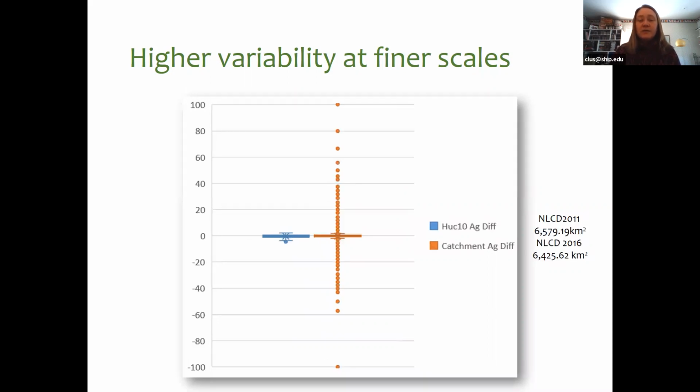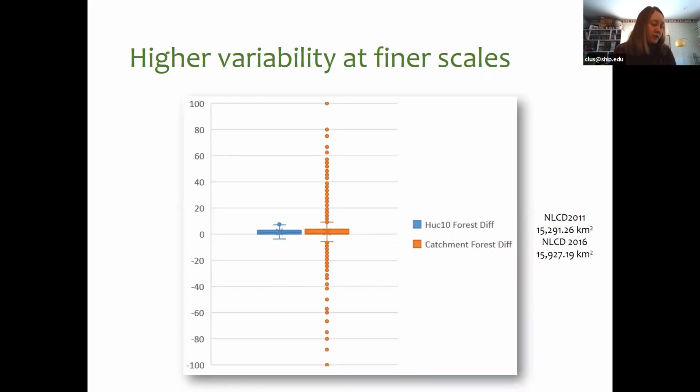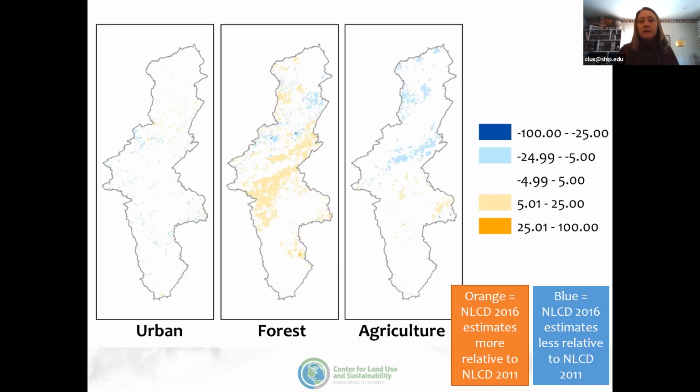This is what we see for agriculture, and this is what we see for forest. And if we look at a map, again some of the changes that we saw at the HUC 10 scale are visible, but at a much more refined scale in this case.